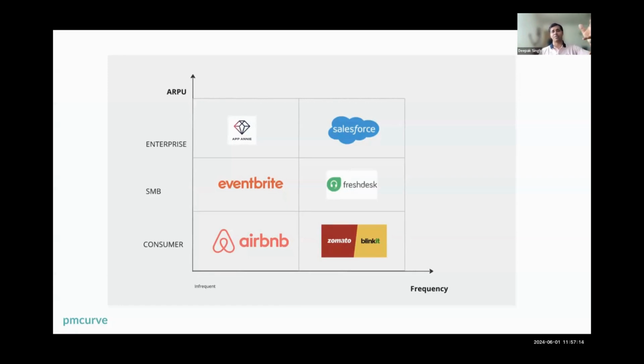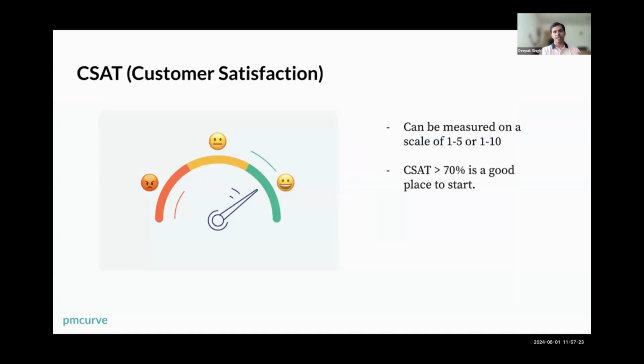Even EdTech like pmcurve or Unacademy or PhysicsWala, or Upgrad where I worked, all these are infrequent products. So the best answer that you will hear, in fact when I ask this question to people, they come up with CSAT. If I have good CSAT, I have a PMF. Why not?